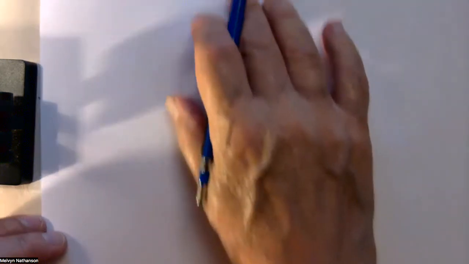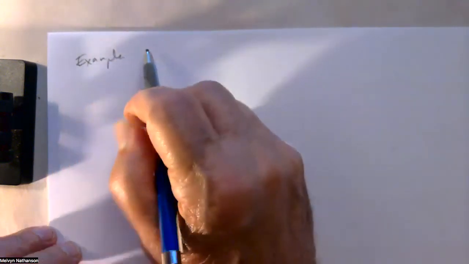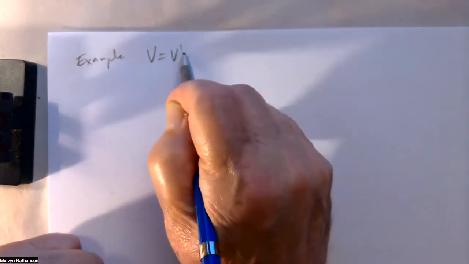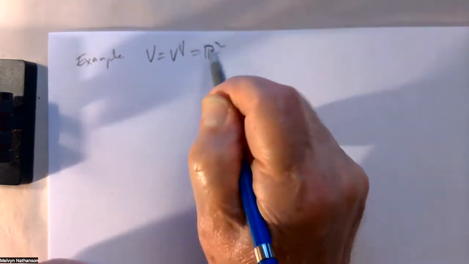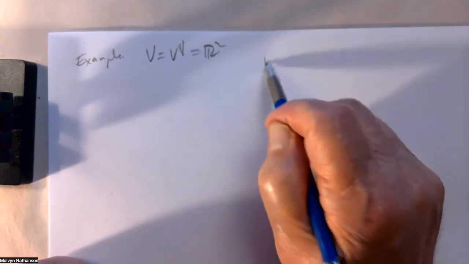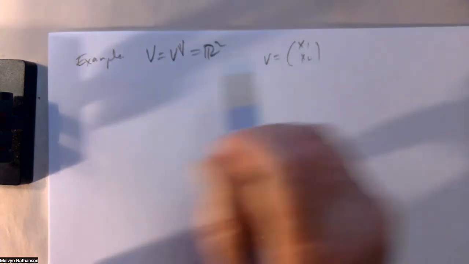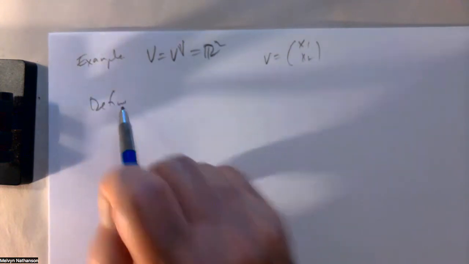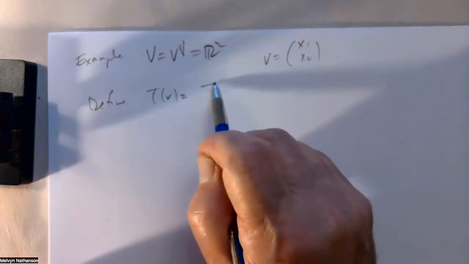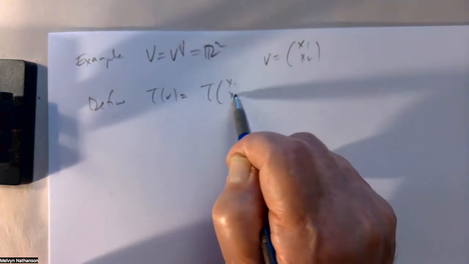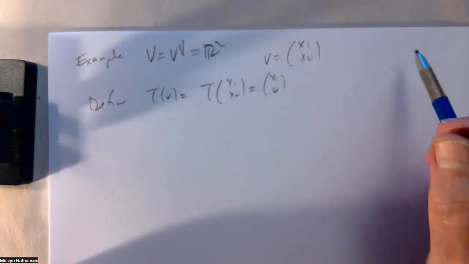So what are some examples? Suppose V and W are R2. So a vector V is of the form, let's say, x1, x2. And define T of the vector x1, x2 to be the vector x1, 0.